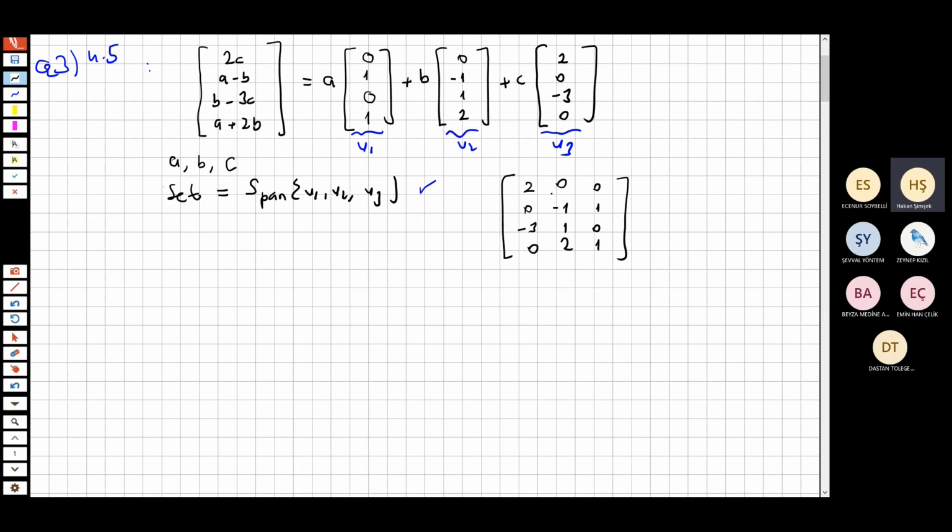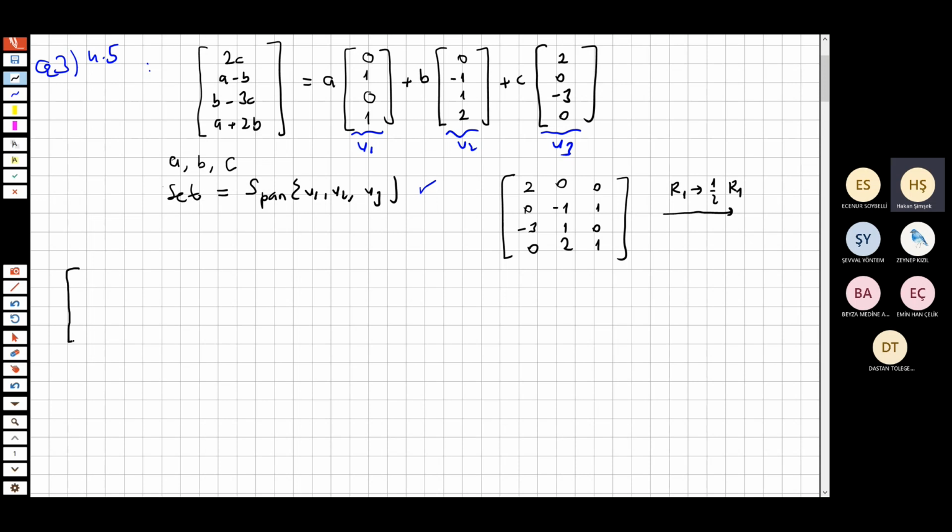How can we check whether the columns are linearly independent or dependent? For this, of course, we need to find the echelon form. To get 0 for minus 3, first we scale R1 by 1 over 2 to get 1.